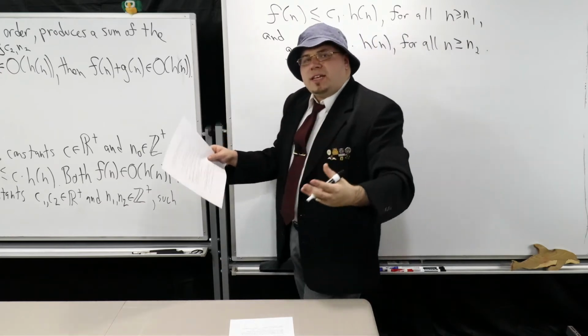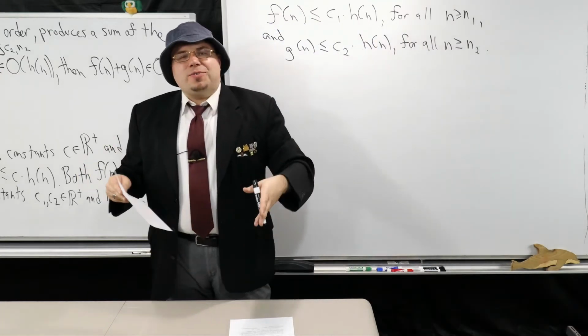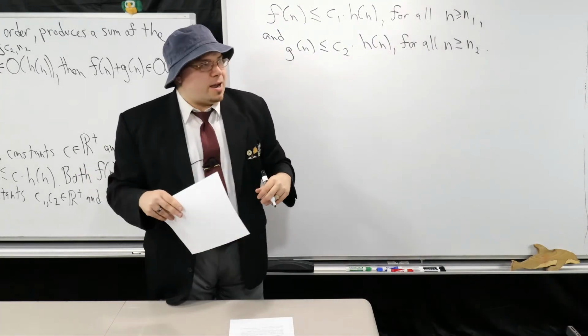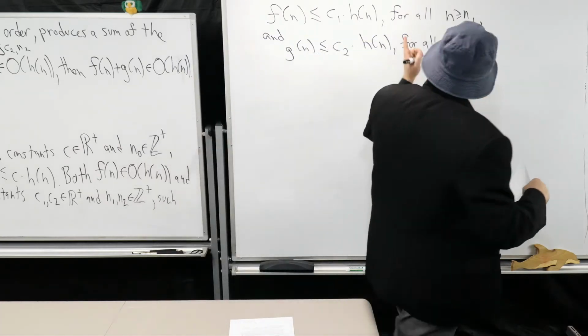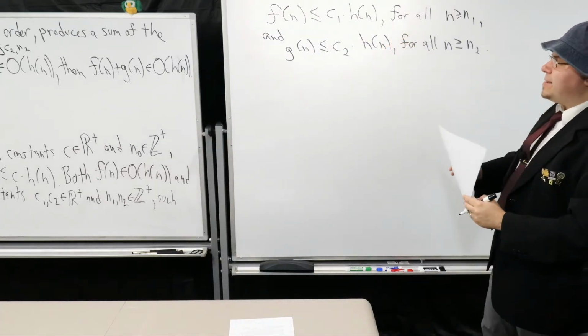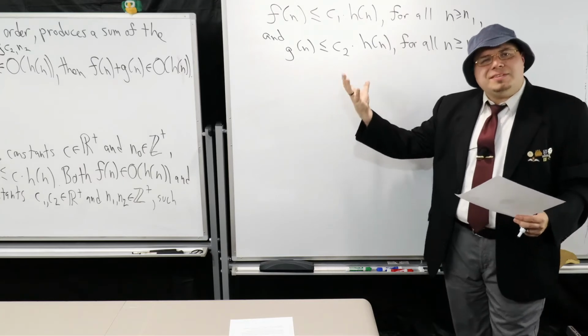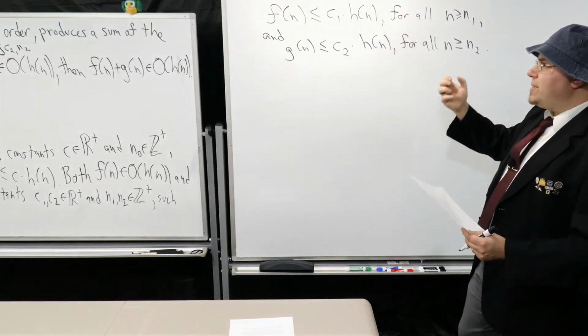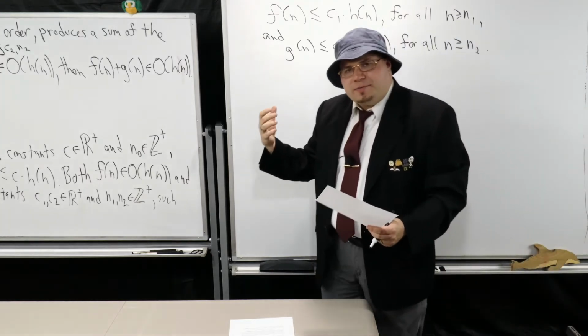Now I'm going to use the same strategy I just did for my previous property that I proved. Now that I have two inequalities here, do you see something I can do to combine them in some way such that I have a sum that's f of n plus g of n?